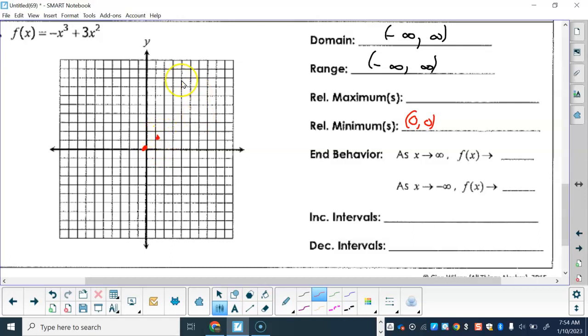Remember, this is a sketch, so we're not overly concerned with your sketch being highly accurate at a point like that. These two need to be fairly accurate. And you also had a zero at 3, where the graph crosses the x-axis. So the relative max was at 1.3, 1.2, rounded.